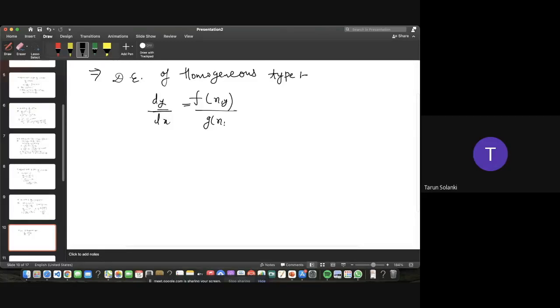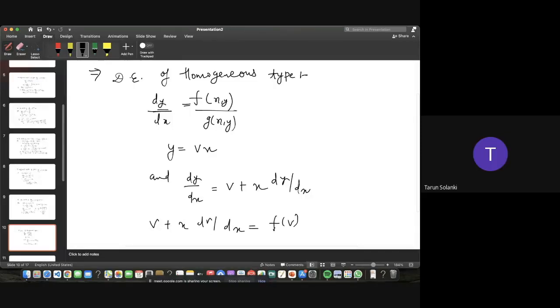So we have to substitute y is equal to vx and dy by dx is equal to v plus x into dv by dx. So we will get v plus x dv by dx is equal to f of v.